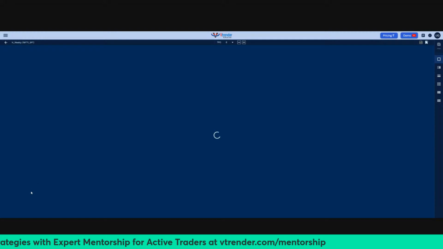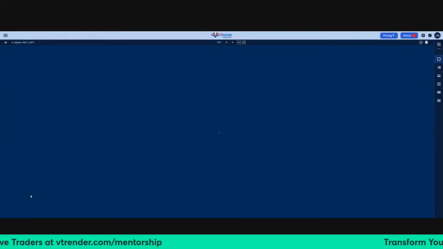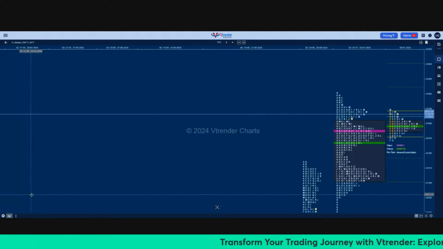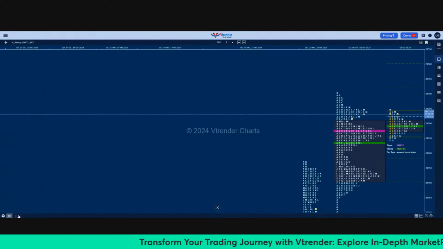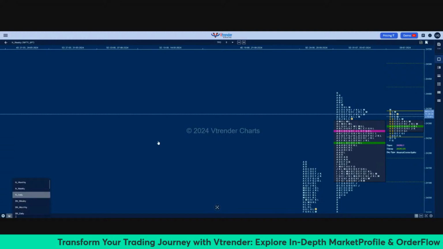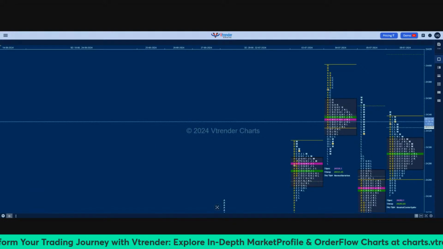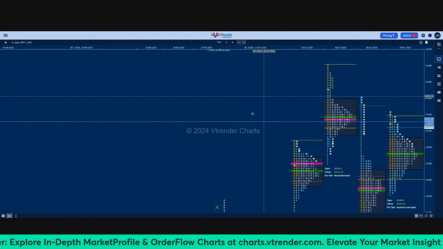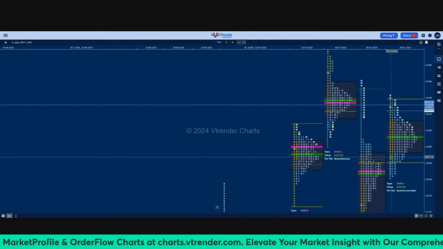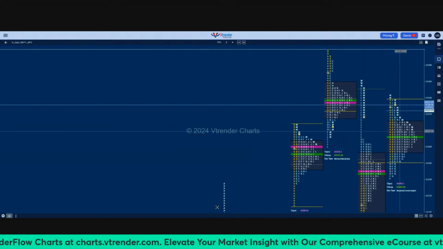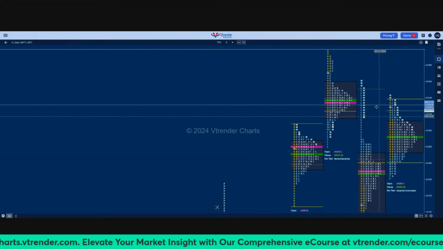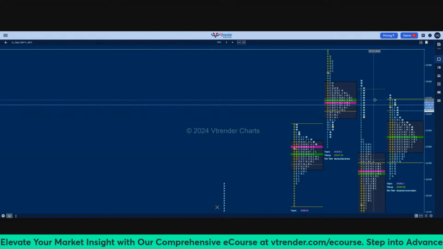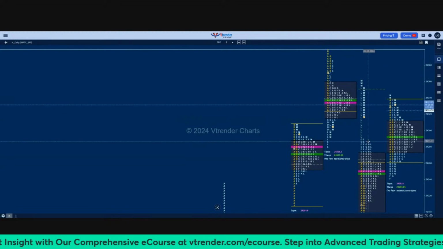So we have already marked out what level we need to look out at open tomorrow, which will be 24320 on the upside. So this is the daily chart of Nifty spot, and you can see how today's profile is very neatly formed value in the spike zone. This is the spike zone.